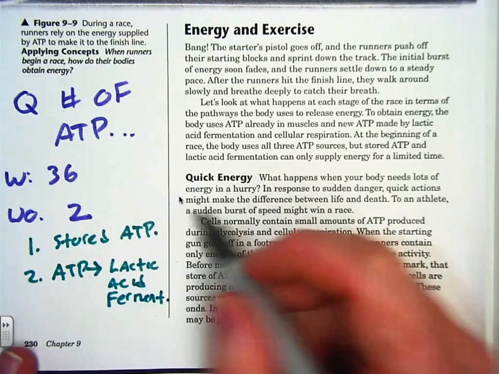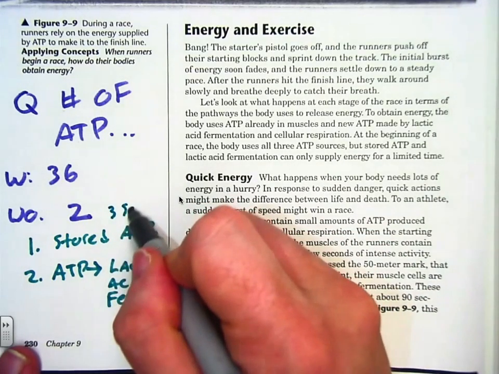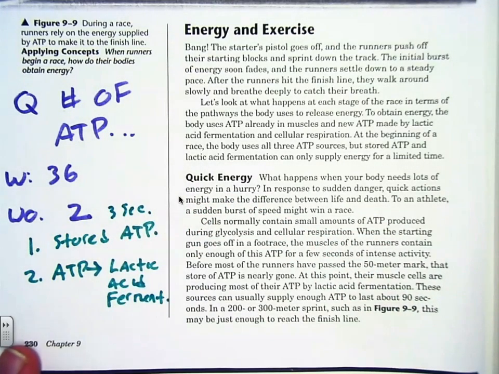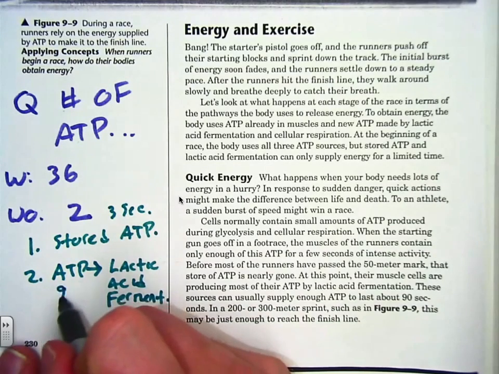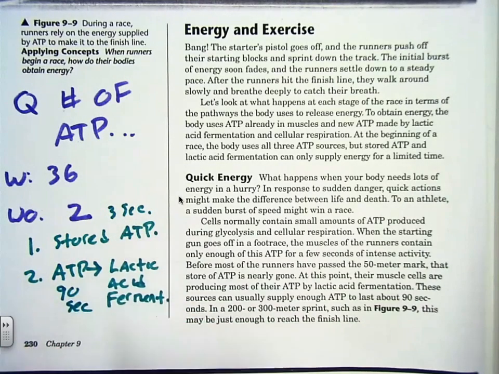And stored ATP will last you about 3 seconds. Fermentation will last you about 90 seconds. And then you've got to switch to something else. What's that something else? Let's continue on to page 231.